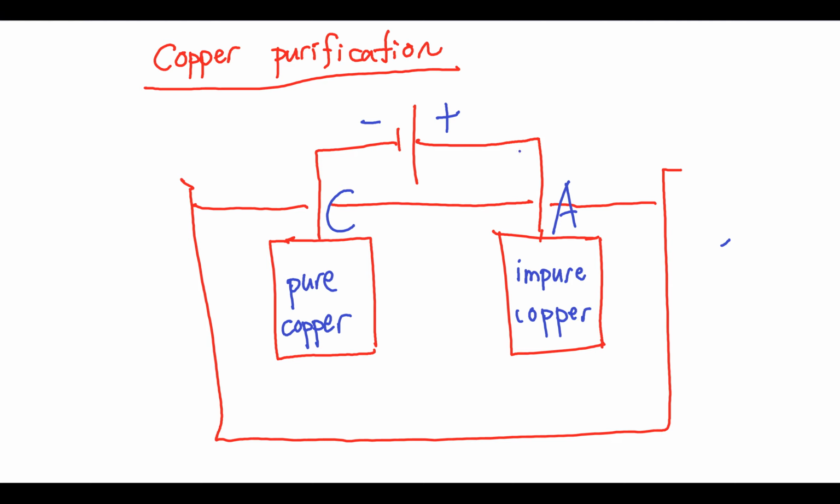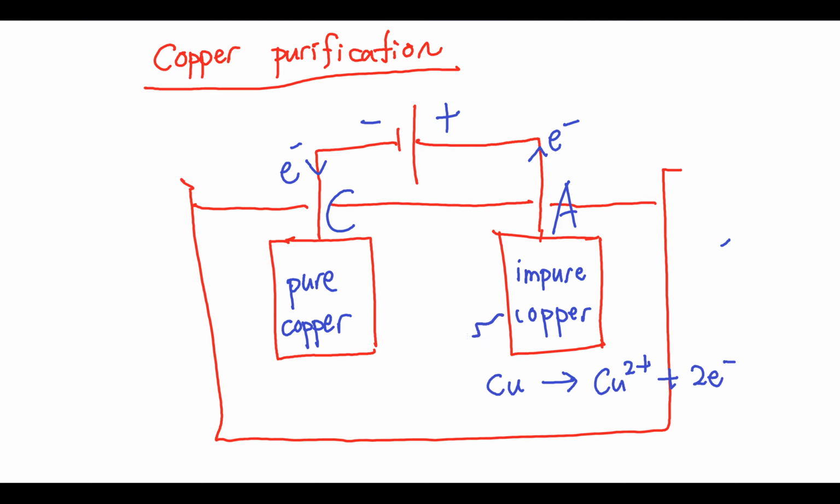What the battery does is that it sucks electrons from the anode and pumps them to the cathode. As electrons are being sucked from the impure copper, the copper will go into solution to form copper ions and release the electrons.